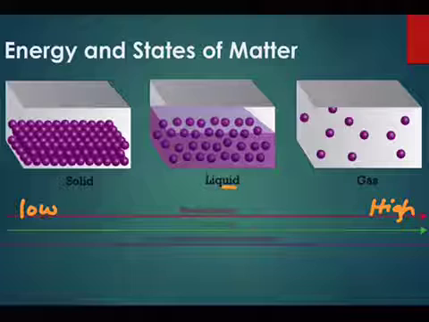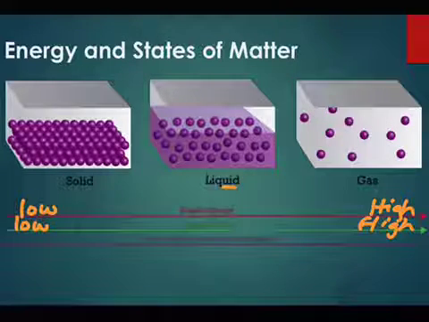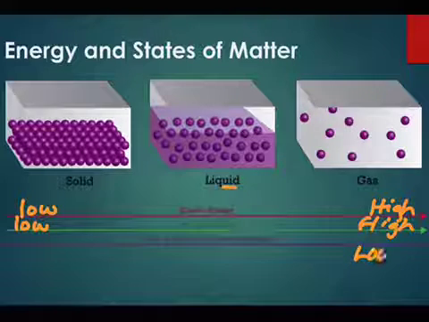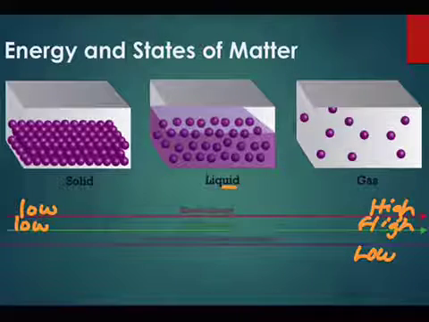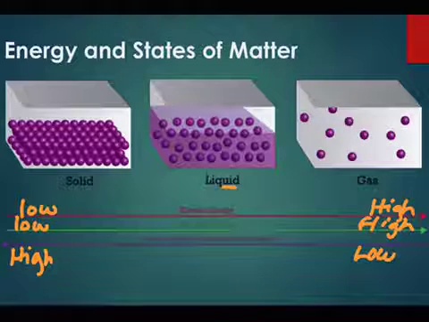The same goes for their particle motion: solids have low particle motion, gases have really high particle motion, and liquids are somewhere in the middle. The purple arrow goes in the reverse direction, and that tells you that gases have a low force of attraction between their particles, and solids have a high force of attraction between their particles. And again, liquids are just hanging out there in the middle.